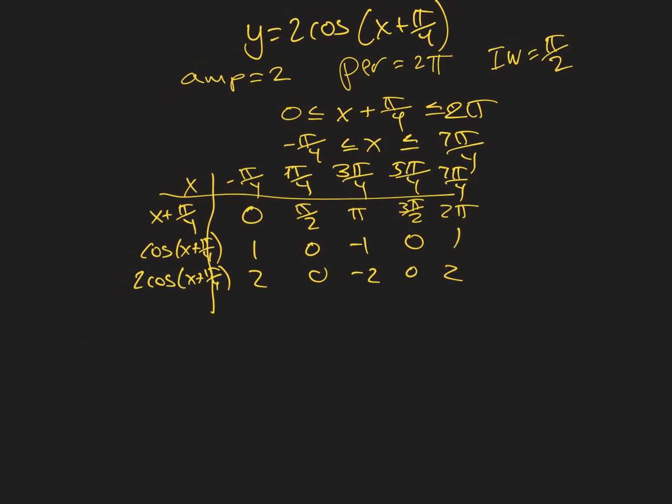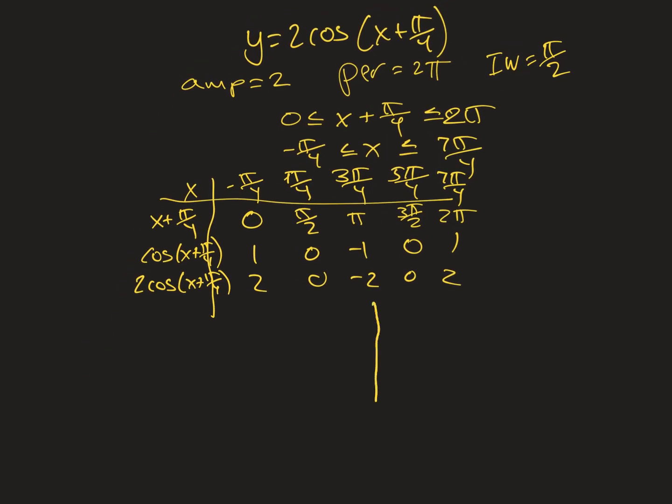The reason I want to show you this graph in particular is to be careful when you are plotting your points. We said we're going to plot negative pi over 4, and then the next one I plot is pi over 4. Now notice the interval width between the angles I plot. It's this right here. So my distance to the next angle I plot should be this same distance, so around there.